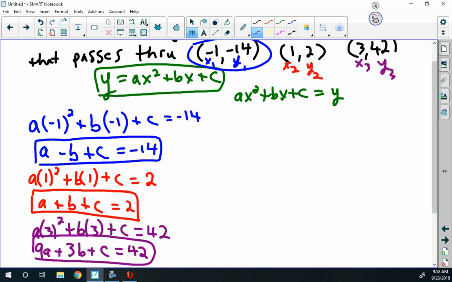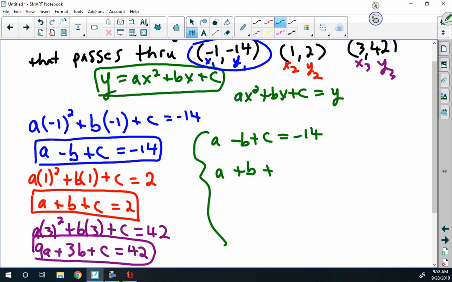So you probably remember from Algebra 1 solving 2 variable systems, or even from geometry. What we've got now is this 3 variable system. A minus B plus C equals -14. A plus B plus C equals 2. And 9A plus 3B plus C equals 42. We've got that 3 variable system, and we need to solve it.